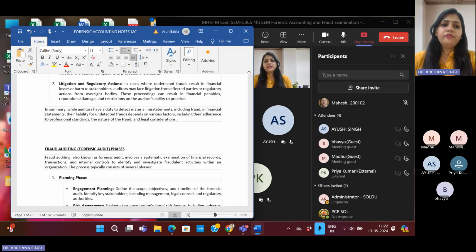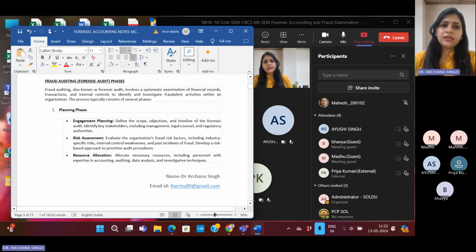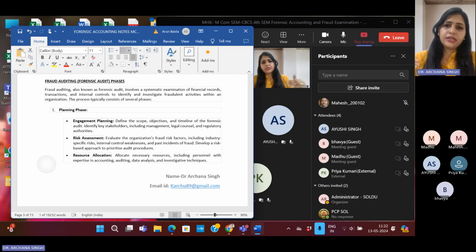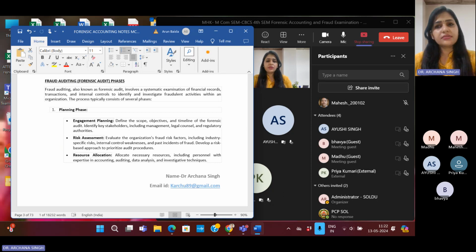Then next is fraud auditing, or you can say forensic audit phases. What are the fraud auditing phases that have to be covered? Fraud auditing is also known as forensic audit. It involves systematic examination of financial records, transactions, and internal controls to identify and investigate fraudulent activities within an organization.